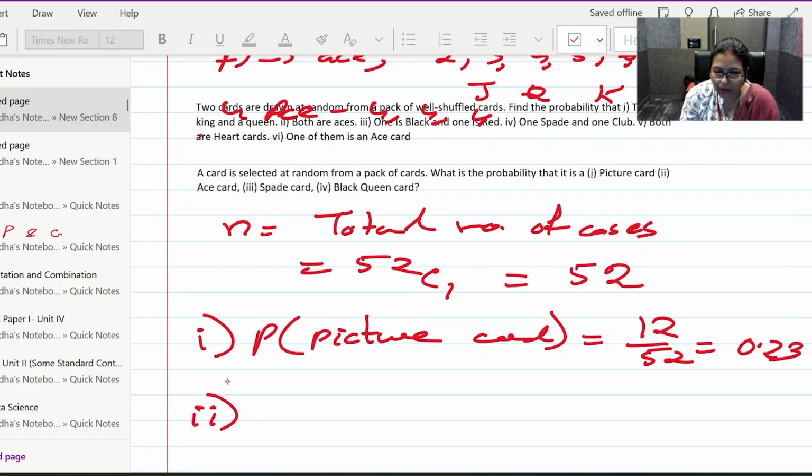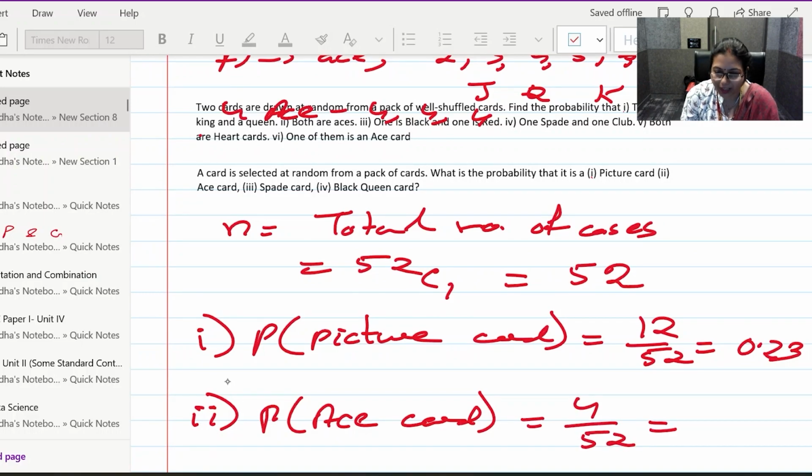Second, it is an ace card. How many ace cards are there in the pack of cards? There are 4, so it is 4 by 52. Actually it is 4C1 divided by 52C1, which is nothing but 4 by 52, and 4 divided by 52 is equal to 0.08.